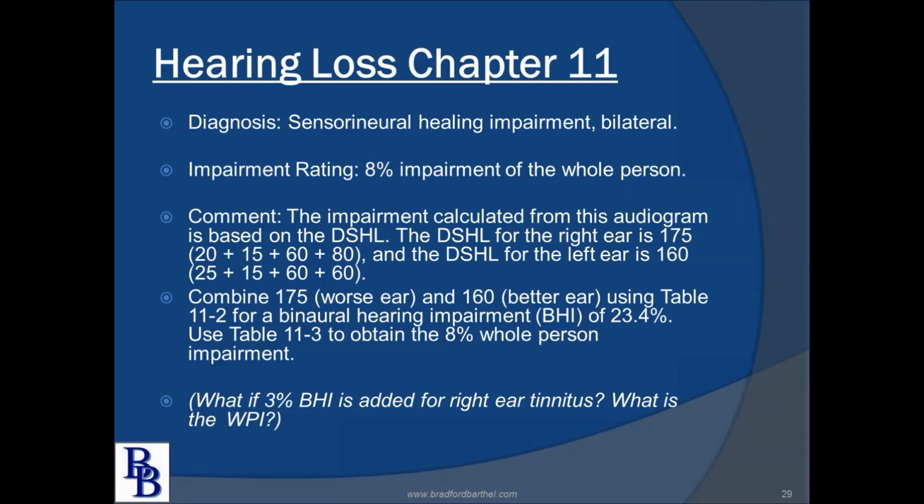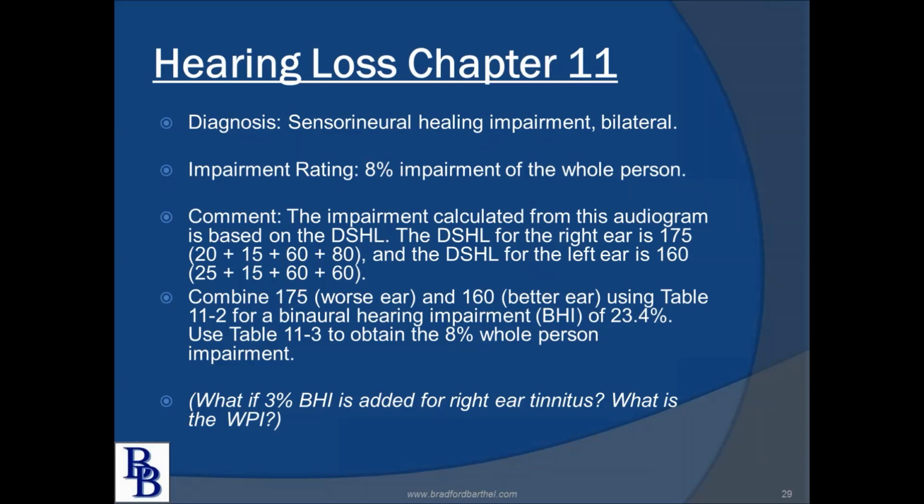We combine those, and we come up with a binaural hearing impairment of 23.4. That is not WPI. That's binaural hearing impairment. Table 11.3 converts that 23.4 to WPI. So the 23.4 converts to 8% whole person impairment.